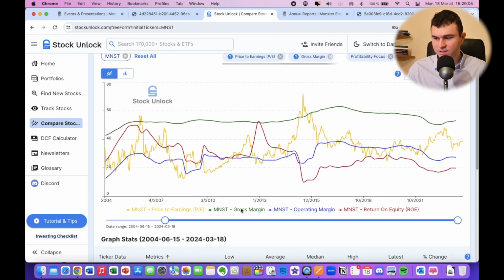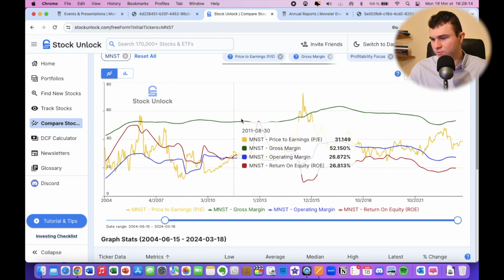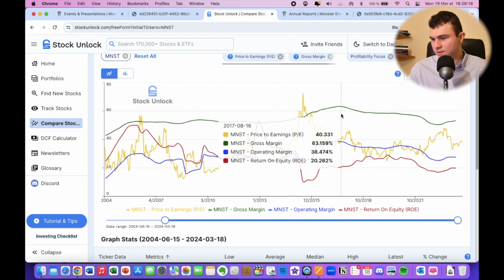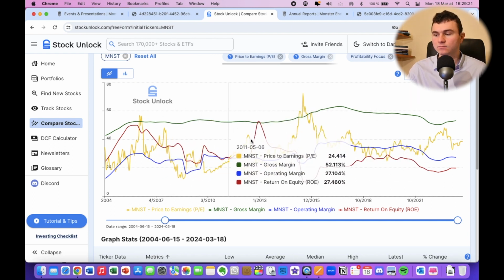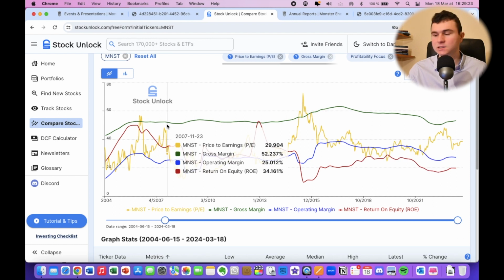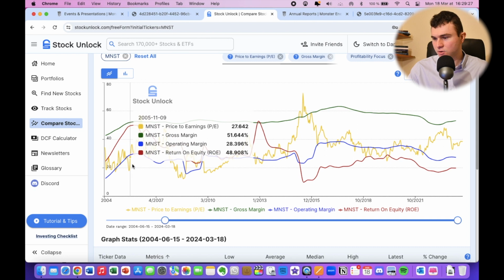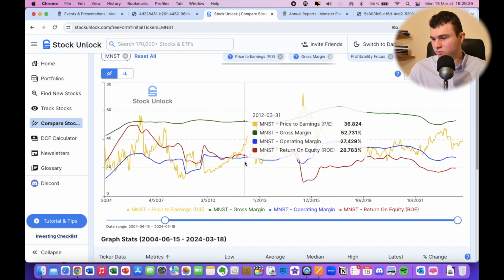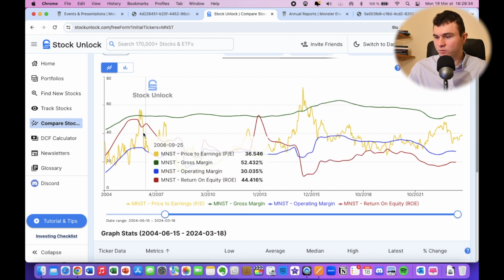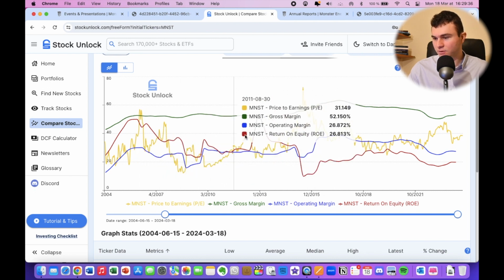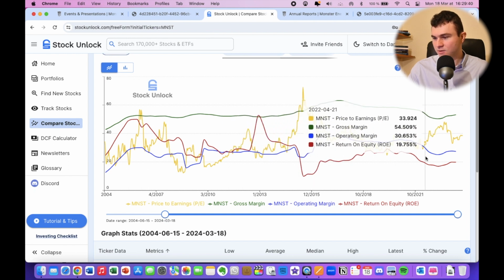Gross margins in green, 50%, 52%, 60%, so relatively stable. Operating margins in blue, stable at 25% to 30%. The return on equity in red evolved a lot and went up to 50% and then down to 10%.